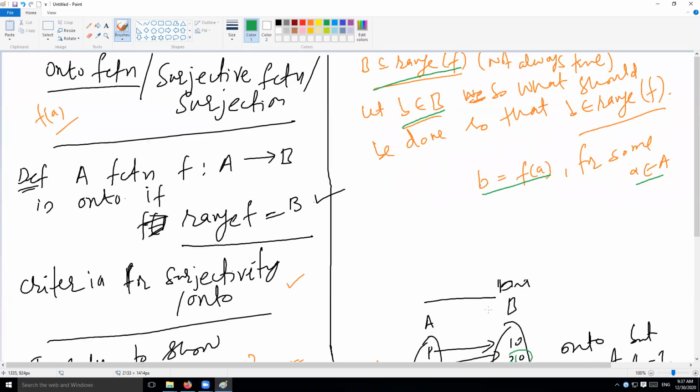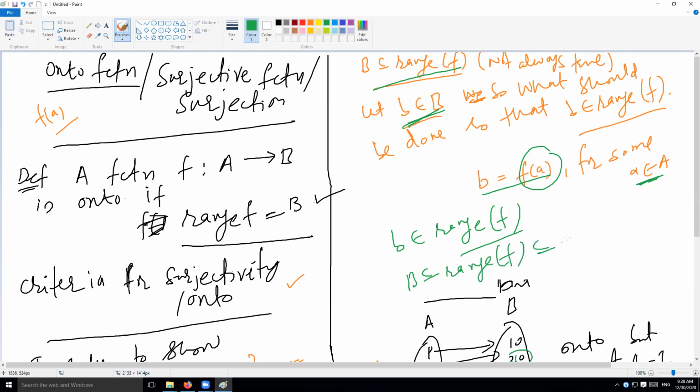Okay, so I picked an arbitrary element from B, and if I can show that there is some a in A for which b is equal to f of a, then your b would also belong to range of f, because all elements of such form belong to the range of f. So hence any b in B is going to be in range of f, and hence B is going to be a subset of range of f.